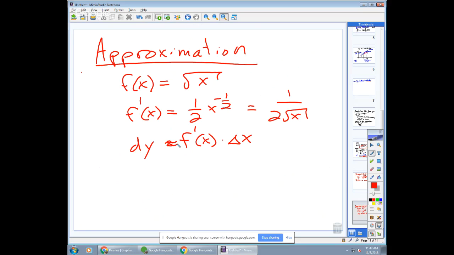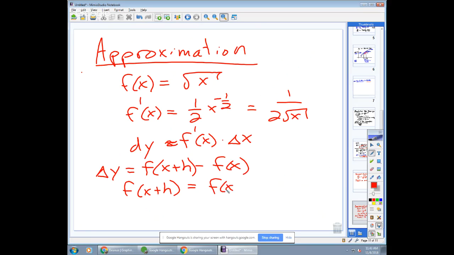Other thing to think about is the actual change in y. That is f of x plus h minus f of x. Playing with this a little bit, I get f of x plus h is equal to f of x, the original function value, plus whatever the change in y is.